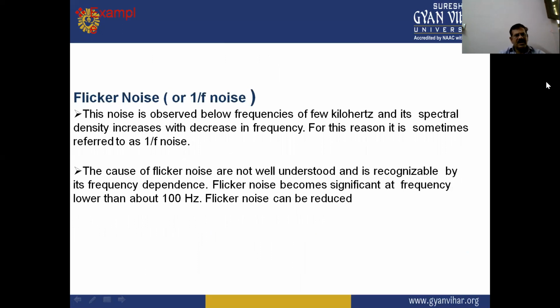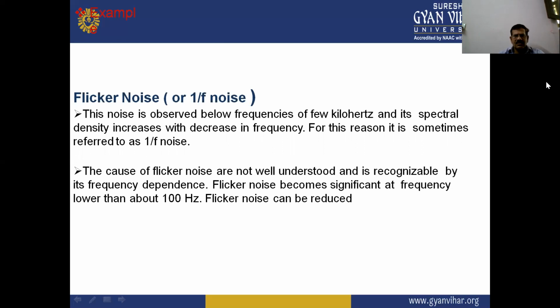What is flicker noise, or 1 upon f noise? This noise is observed below a frequency of a few kilohertz, and its spectral density increases with decrease in frequency. For this reason, it is sometimes referred to as 1 upon f noise. The causes of flicker noise are not well understood and it is recognized by its frequency dependence.